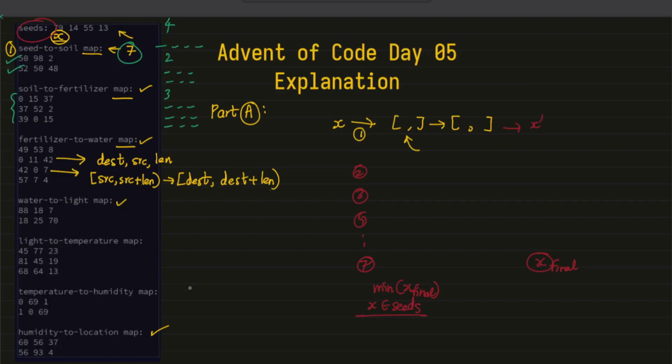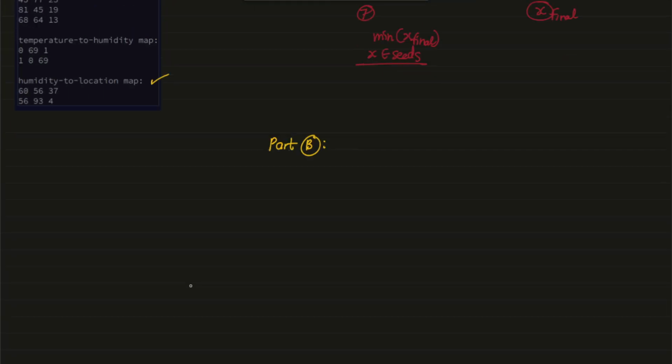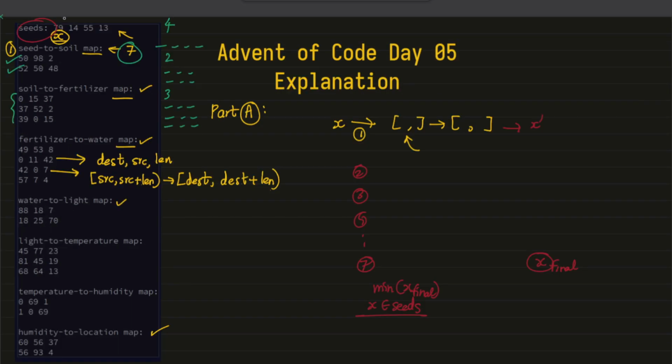Now part 2 demands that instead of starting at some x, we are given seeds, we will use the same input, but this has an even length, and the sequence is something like this.